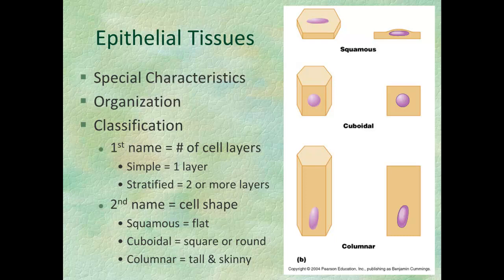And then finally, if the cells are tall and skinny, like columns, we refer to them as columnar. So we can put the different names together to form tissues like simple squamous or stratified squamous or stratified cuboidal. And we're going to look at the various specific types of tissues right now.